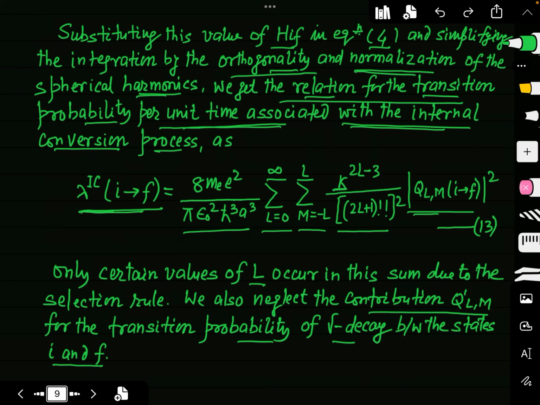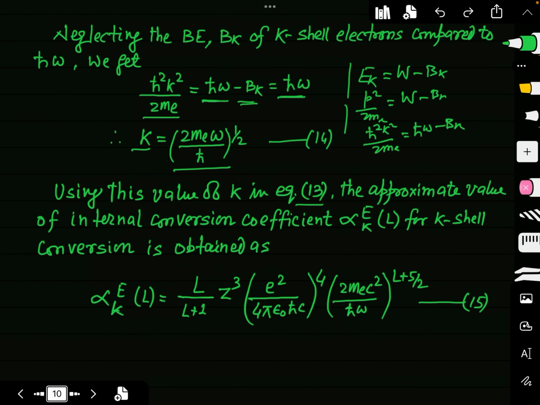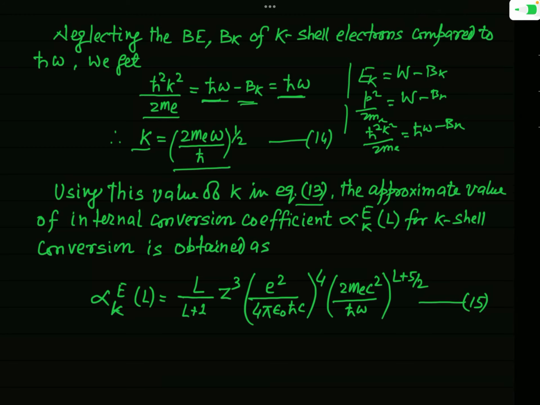You can see k is present, and we will substitute the value of k which we have just obtained under the assumption that the excitation energy ħω is much greater than B_K. And at the same time, as I have told you, you also have to neglect the value of q for the gamma decay.